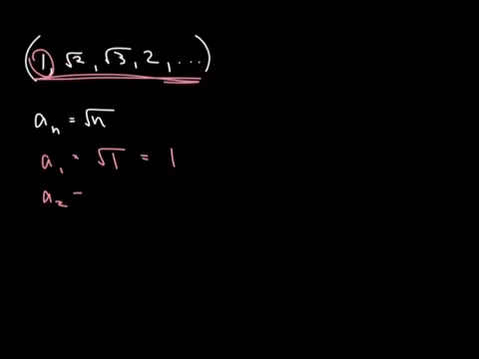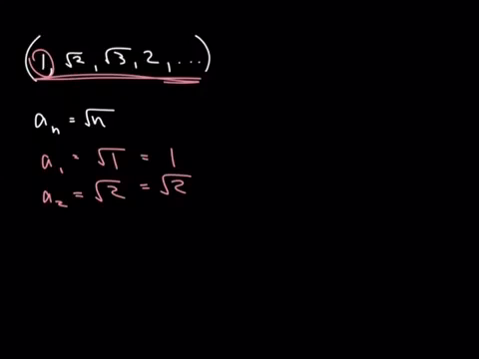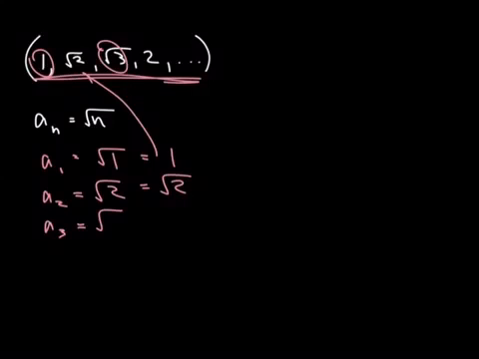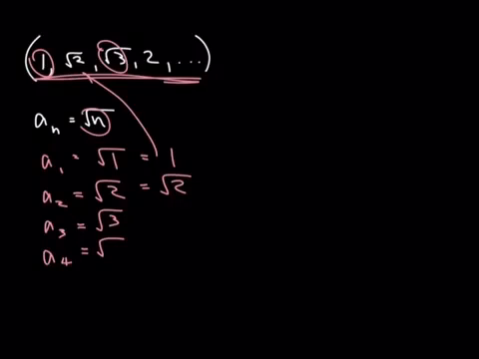Well, if I take the square root of it, I get the square root of 2, which is what I wanted right there. So how do I get the square root of 3 from n being 3? Same thing. And if I have A to the 4th, I get the square root of whatever number this is, which equals 2, which is how I got that.